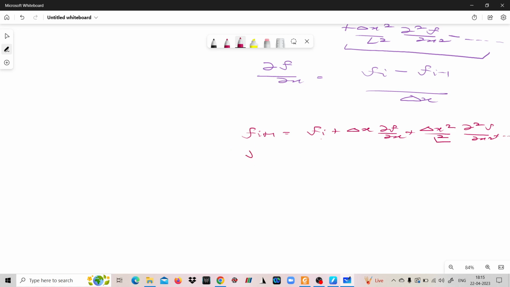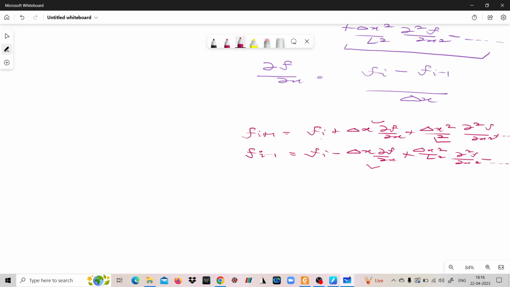F I minus 1 is equal to f of I minus delta x del f by del x plus delta x square by factorial 2 del 2f del x square minus, like this it will continue. Now we want the approximation for delta f by delta x. If we simply add these two, the second term will get cancelled because it is the same quantity, only the signs are different.